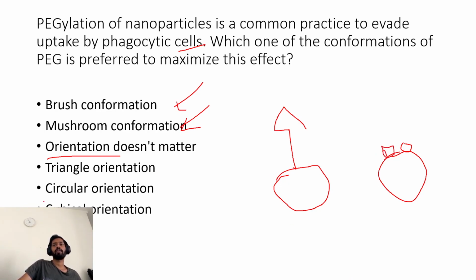So which conformation do you guys think would prevent the cells from interacting with the nanoparticle? Is it a brush conformation, a mushroom conformation, triangle conformation, circular, cubical, or is it the case that orientation does not matter?